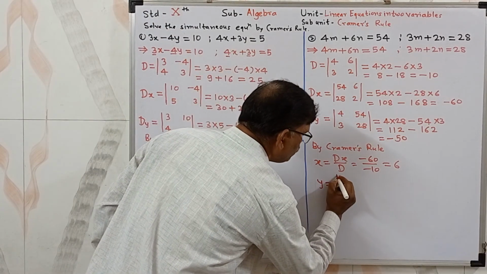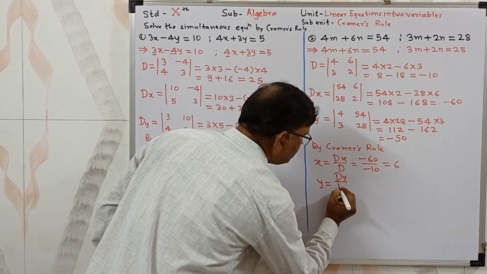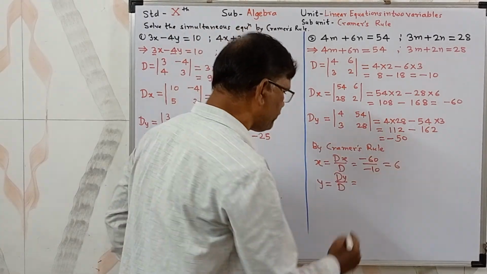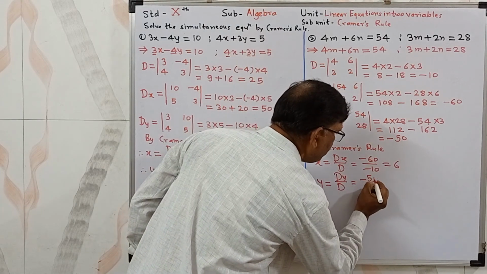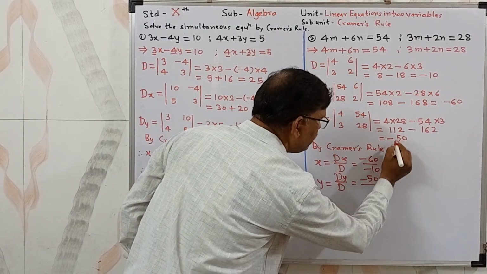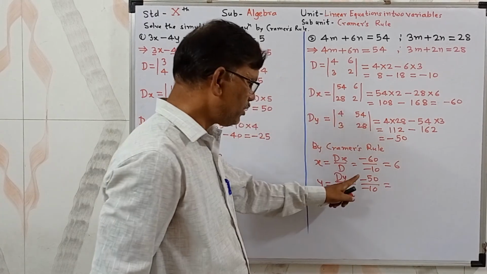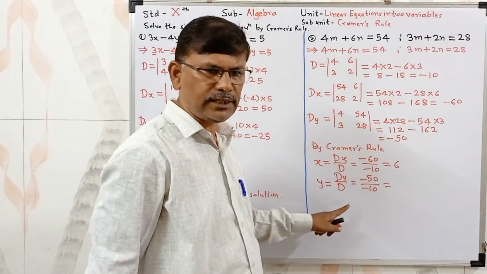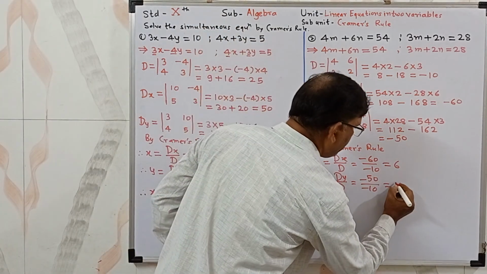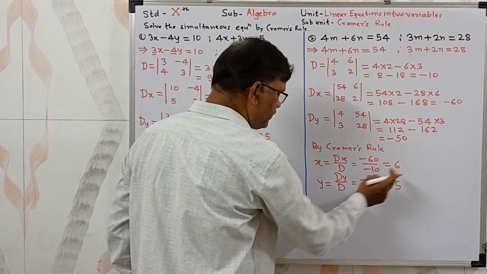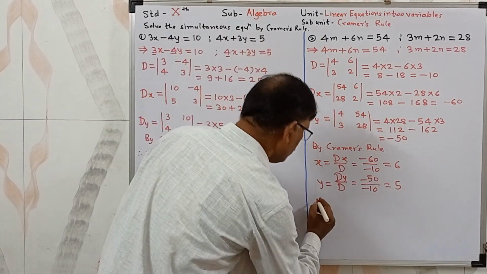The value of y is equal to Dy upon D. So what is the value of Dy? Is minus 50. Minus 50 and D is minus 10. Here also minus minus cancel and 10 into 5, 50. So the value of x is 6 and value of y is 5.